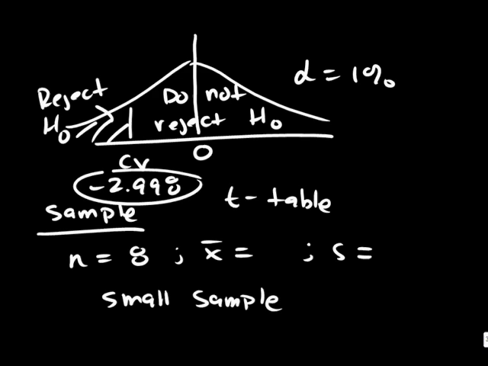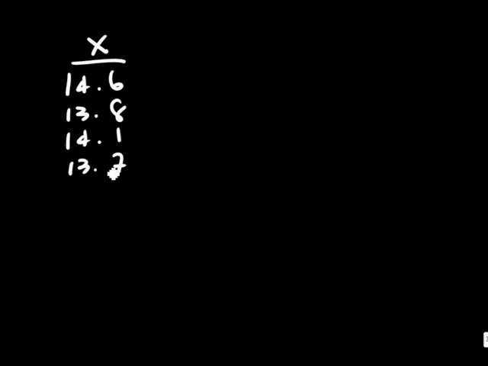So, the data that they gave us here, 14.6, 13.8, 14.1, 13.7, 14.0, 14.4, 13.6, 14.2 has a sum of 112.4.